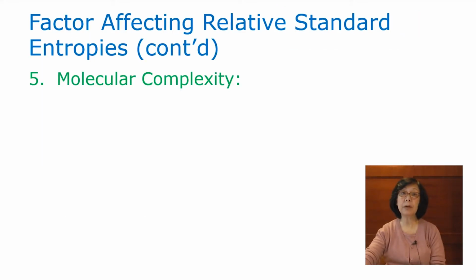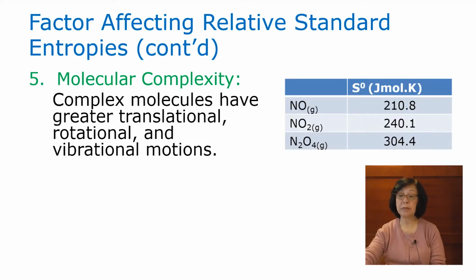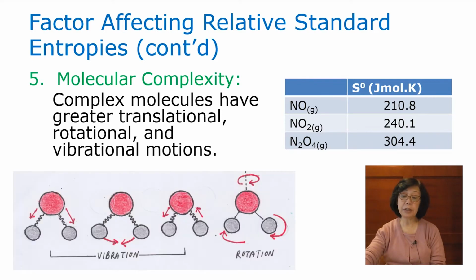And finally, molecular complexity. Complex molecules can have translational, rotational, and vibrational motions. The more complex the molecule, the greater such motions. If you compare NO with NO2 with N2O4, as the molecule becomes more complex, the entropy increases.